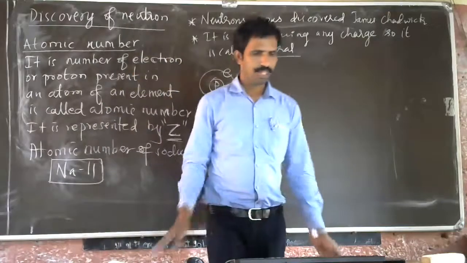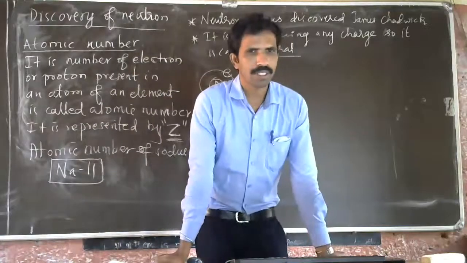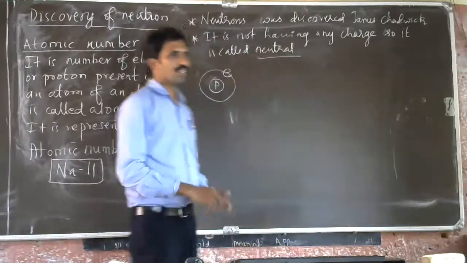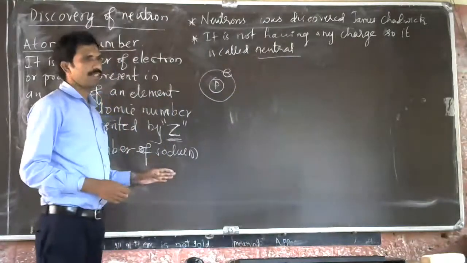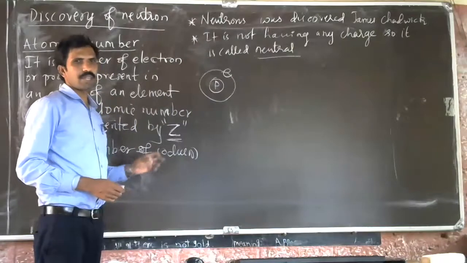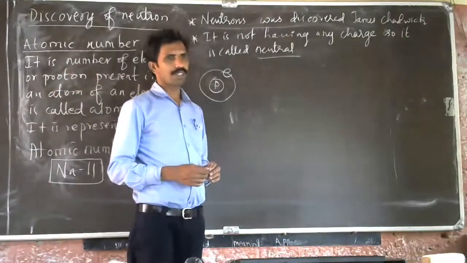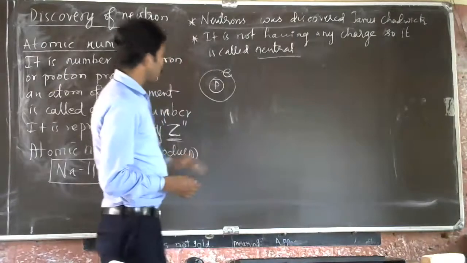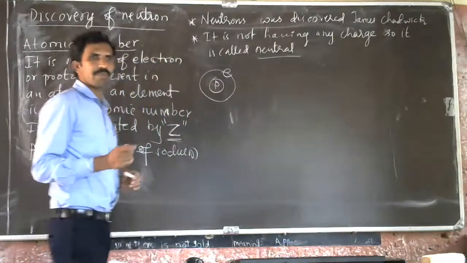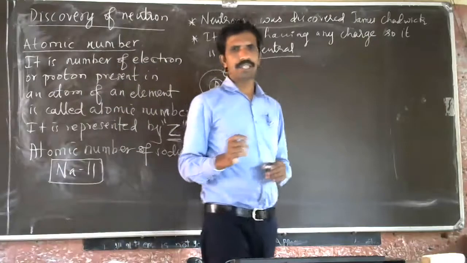Atomic mass number means the number of protons and neutrons present in an atom. It is represented by the capital letter A.